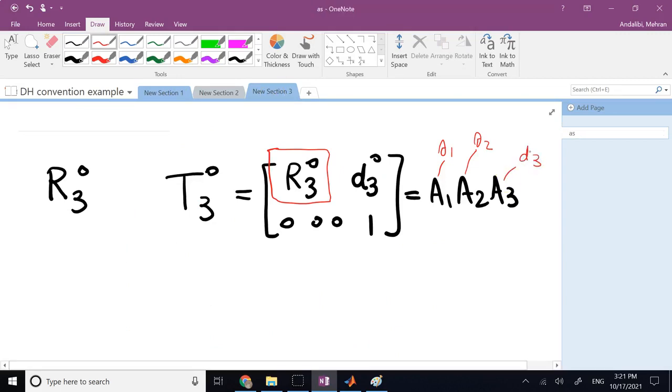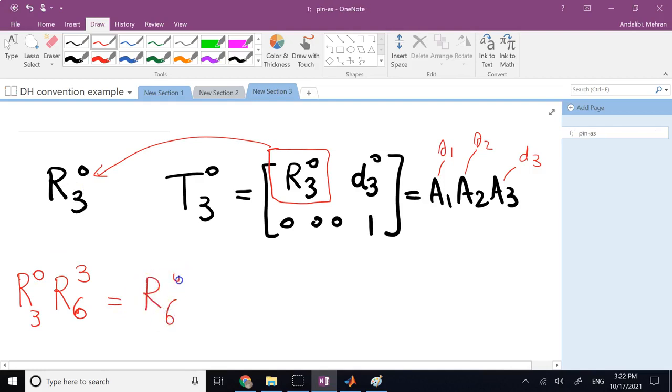It's just there is a small rotation in it. But once I have this rotation matrix, which I can easily calculate, then I can find the rotation matrix of end effector with respect to frame 3. Because if I pre-multiply R of 6 with respect to 0 by the transpose of R of 3 with respect to 0, the guy that I just told you how to calculate, that gives you R of 6 with respect to 3.